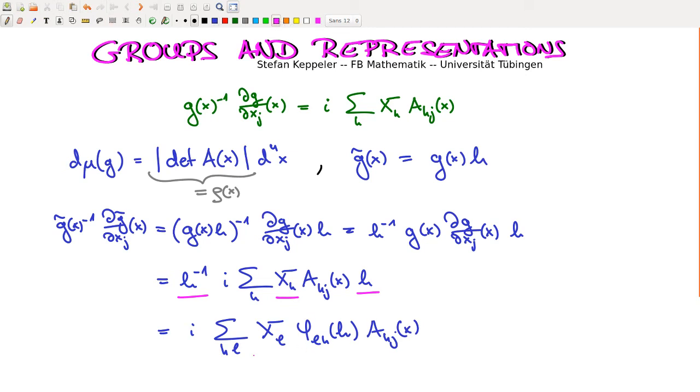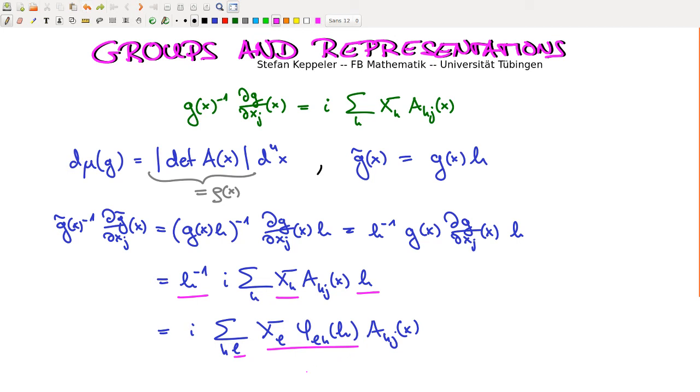So the pink thing is now the sum over l, and the x's and some coefficients here that depend on the h. Yeah? h inverse x h can be expanded in the Lie algebra basis again. And from this we now read off what d mu at g tilde, d mu at gh looks like.